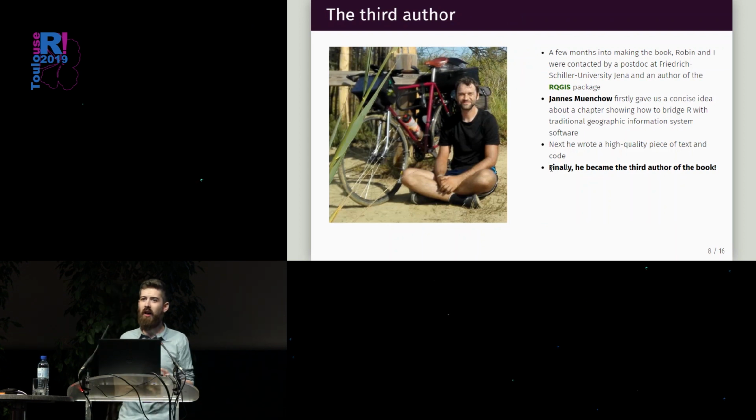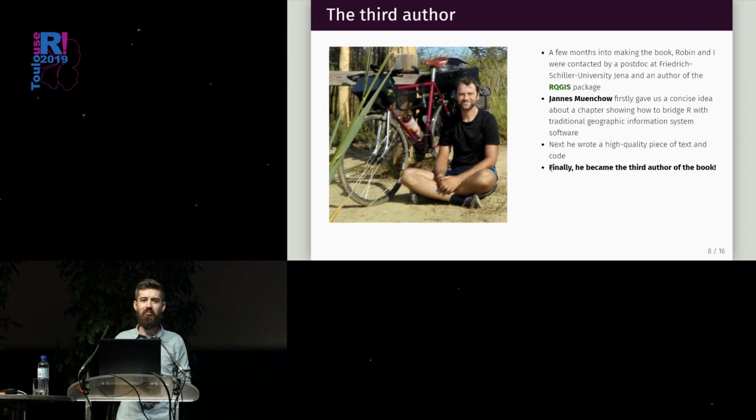So we started the book as two authors, me and Robin. However, because of that collaborative and open source way of thinking, a few months into making the book, we were contacted by Janez, who had some ideas about how to improve some parts of the book.